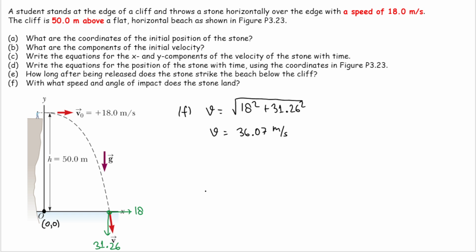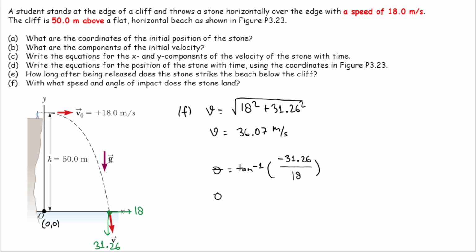And what is the angle? That will be the inverse tangent of this one here. Remember that this is with respect to the x axis, so I will have a minus sign here. So I have minus 31.26 divided by 18, right?